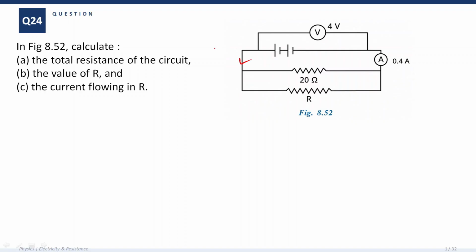From the battery, 0.4 ampere of current is moving through it. There are 2 resistors here. One is 20, the other one is unknown, and there is a 4 volt battery, I mean, like an electromotive force.